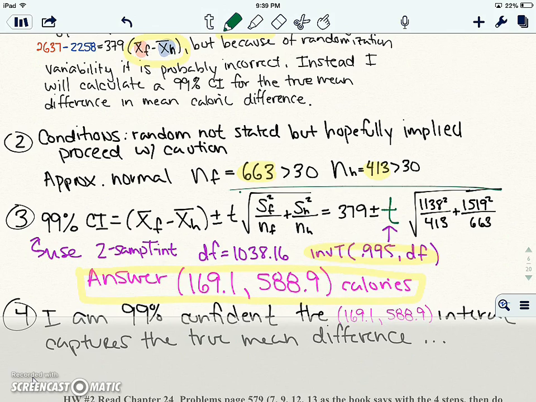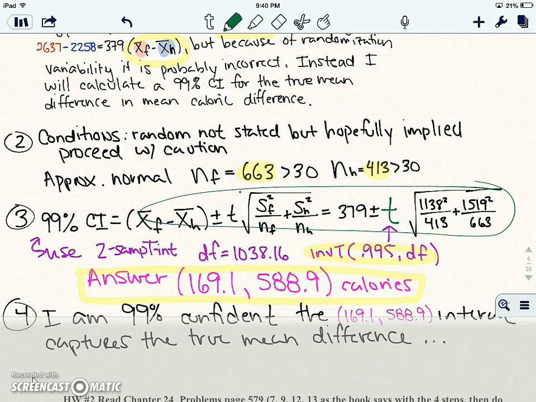You can show all of this work, and you do need to understand this work and be able to use the formulas for the multiple choice section, but you don't need to write it down on the free response, and I don't care if I see it on the homework as long as you show everything else and label everything else. So what we've gotten is that the difference seems to be anywhere between 169.1 calories and 588.9 calories.